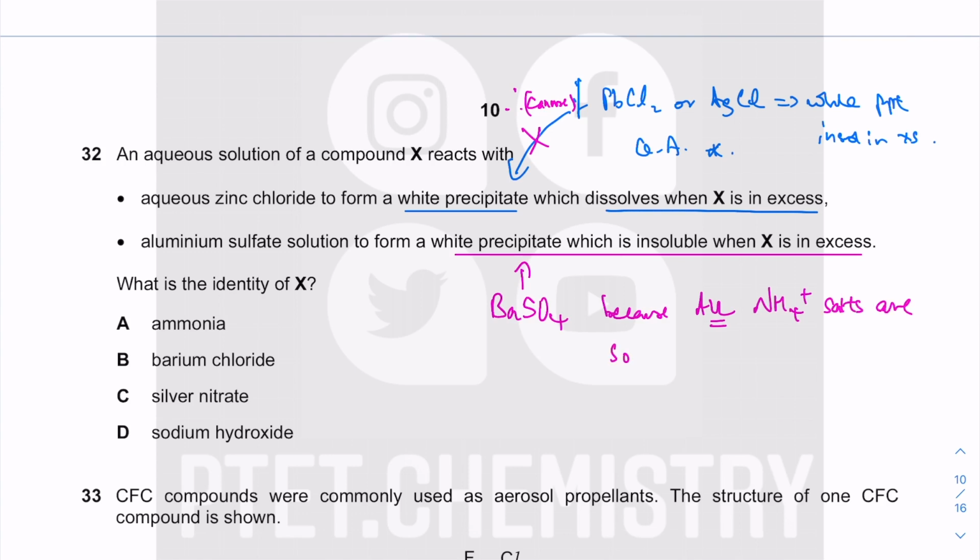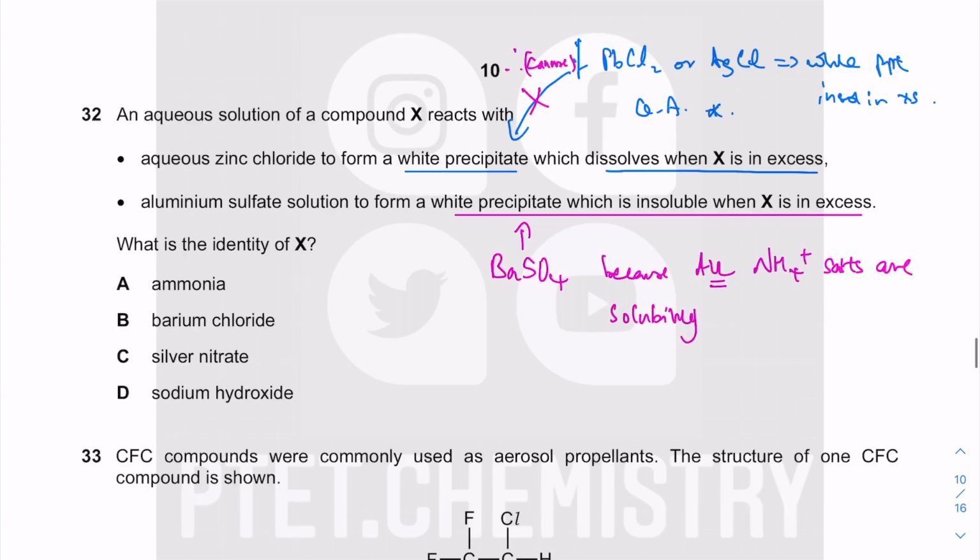This is part of your syllabus, which states that you should know the solubility rules. All ammonium salts are soluble in water, so this precipitate must come from the anion, which is the sulfate. So there's a test for barium sulfate. It has to be something that contains the sulfate.